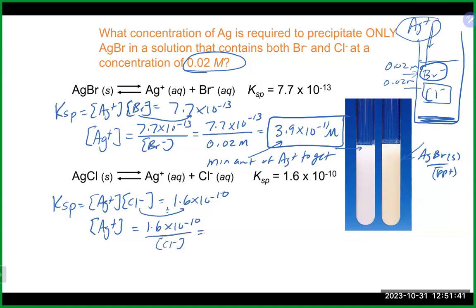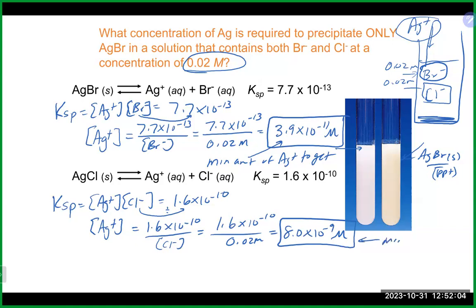Since it's the same concentration in there, we divide by 0.02 molar, and 1.6 to the minus 10 divided by 0.02 gives us something like 8 times 10 to the minus 9 molar. This number represents the minimum amount of silver needed to get silver chloride to precipitate out.